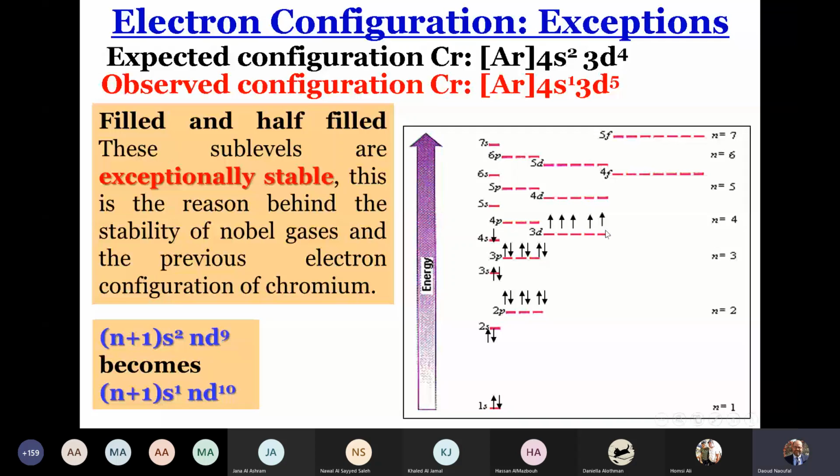So all arrows will have ms plus half, or all arrows will have ms minus half. So we write the arrows in the same direction. This is the exception of the electronic configuration according to the Klechkowski rule.